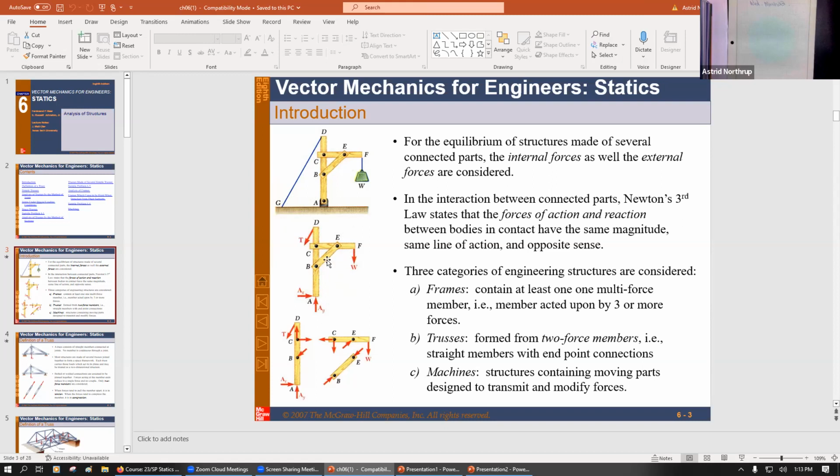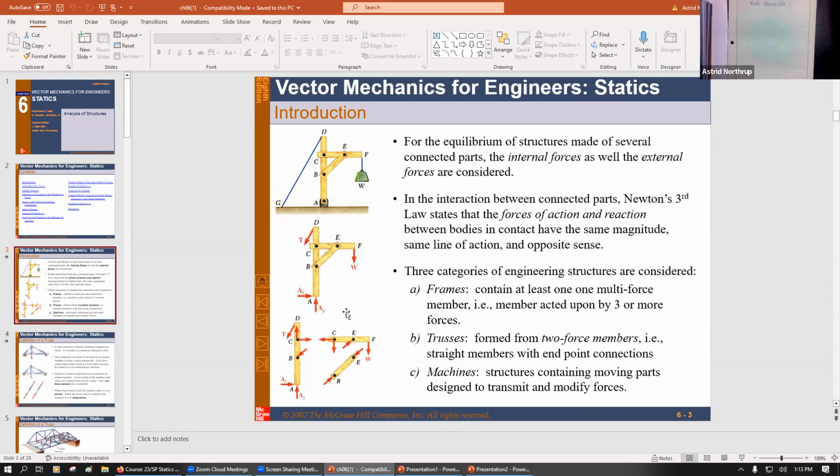Now, we may also be interested in what's going on in the structural member BE, or what's just happening to the vertical member AD. And so it's equally valid to break down just the vertical member AD, and then whatever is attached to it, CF, for example, just exhibits itself as a horizontal and a vertical force at the fastener, and the same at B. We have some sort of an angled force that we could also break down into a horizontal and a vertical component at that point.